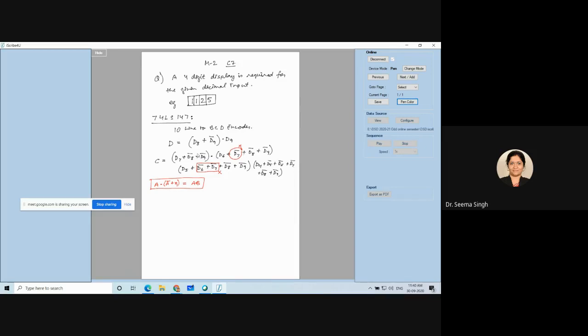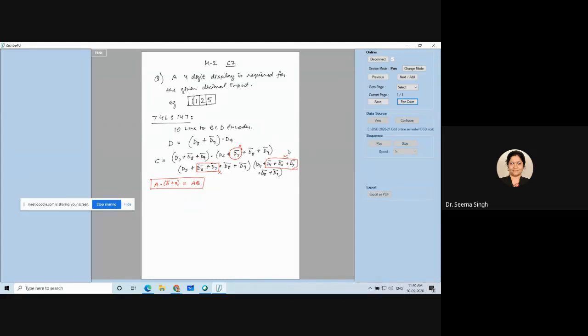D7 bar will get absorbed because of this D7. Can D8 bar be absorbed? No, it can't be absorbed because no D8 is present in this C term. So that way you will have your D5, D6 and D7 getting absorbed or eliminated in this term. So this will get absorbed.